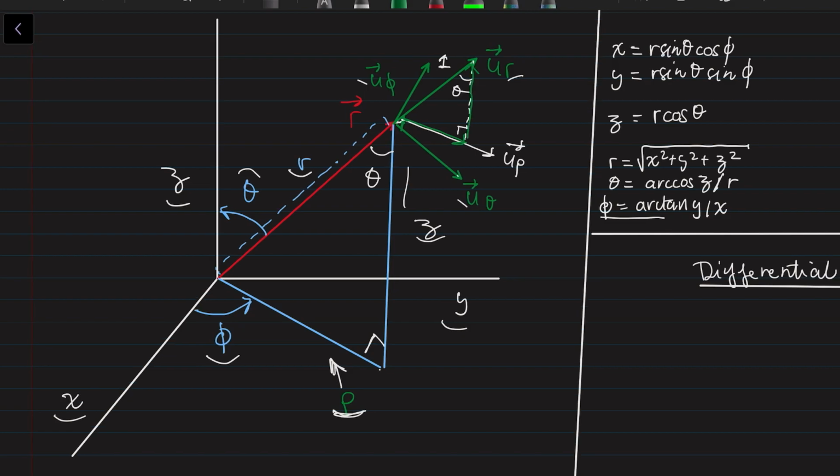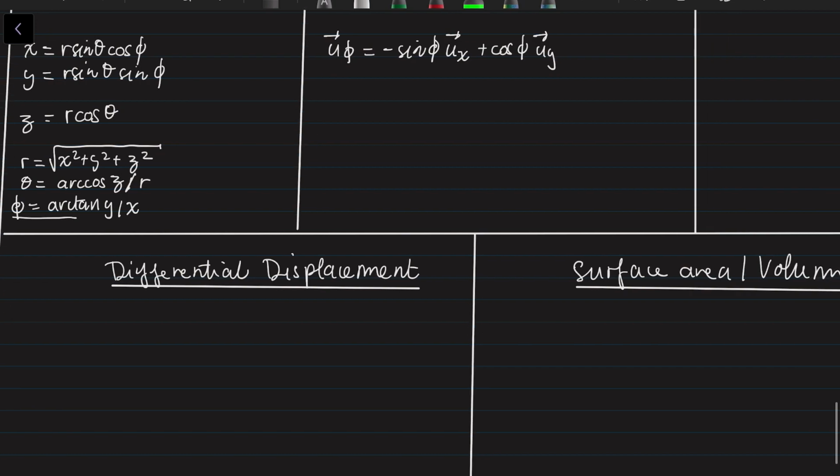This is how we find the unit r vector. Okay, so how do I find this length? Well, we can see that the length of this white line I'm drawing over the green arrow is just sine theta, right? And the length of this one is just cosine theta. Okay, so I'm going sine theta in the rho direction plus cosine theta in the z direction. So let's write this down.